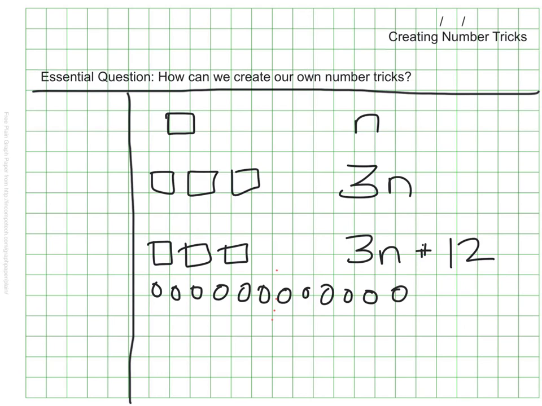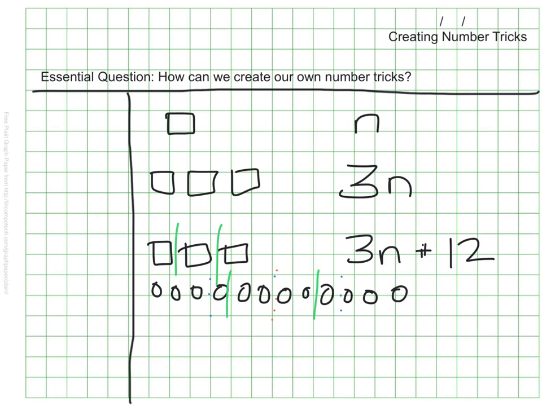I could also divide the dots into 4th sections, but again, I can't do that for the boxes. I can divide the 12 dots into 3 groups right here, and I can also do that for the boxes. I can divide by 3 here. So that's an operation that will work for both the boxes and for the dots.